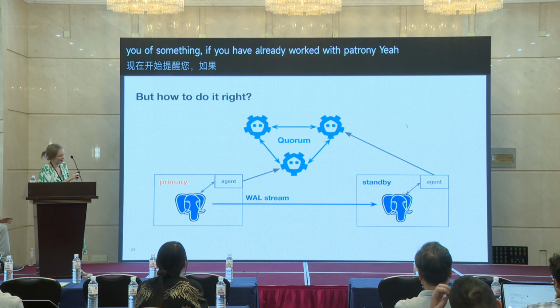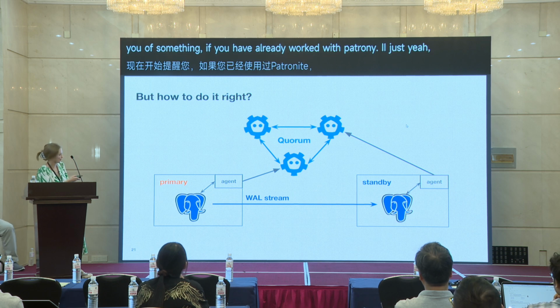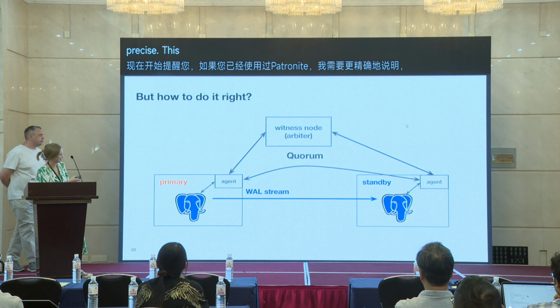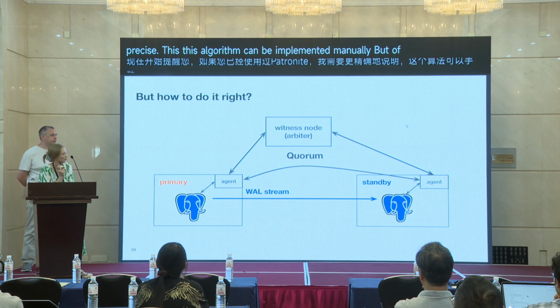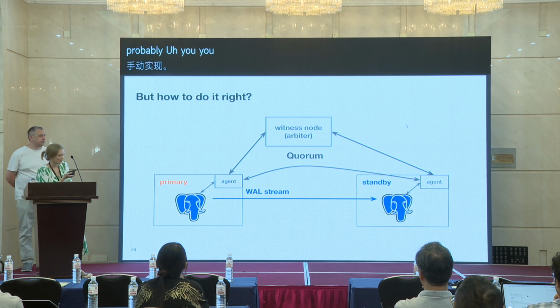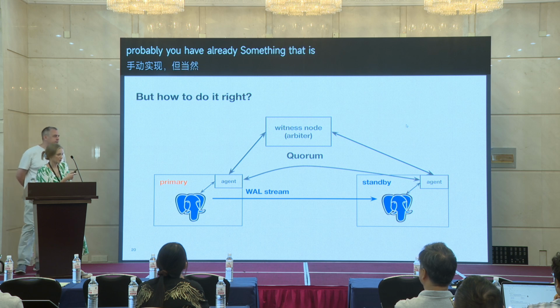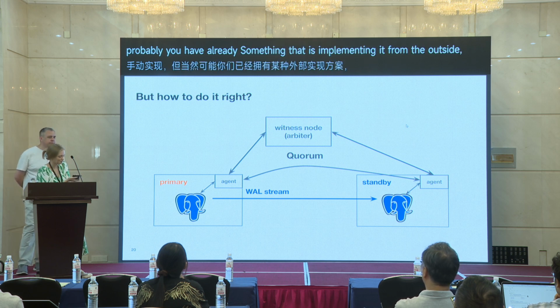Just to be more precise, this algorithm can be implemented manually, but of course, probably you already have something that is implementing it from the outside. For example, you have Consul or etcd.